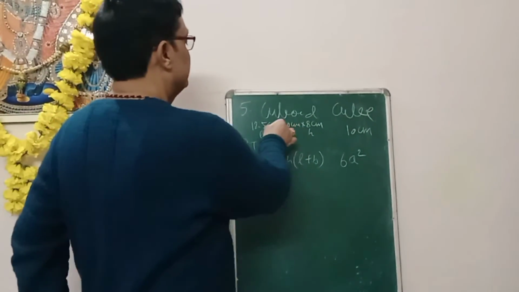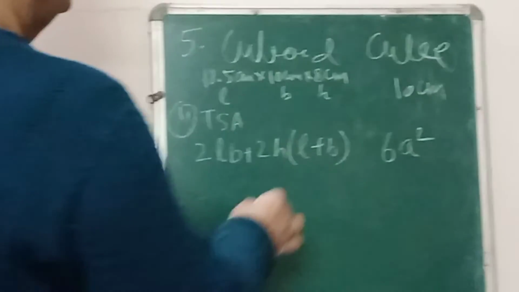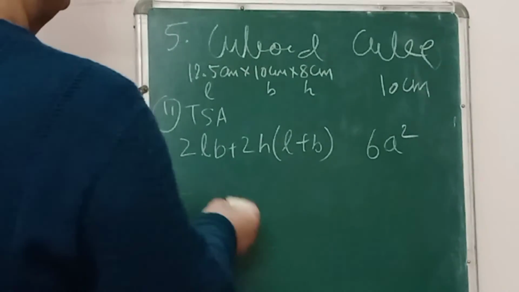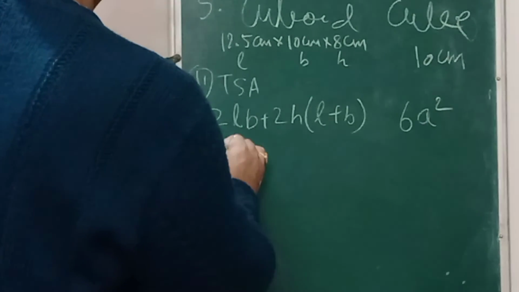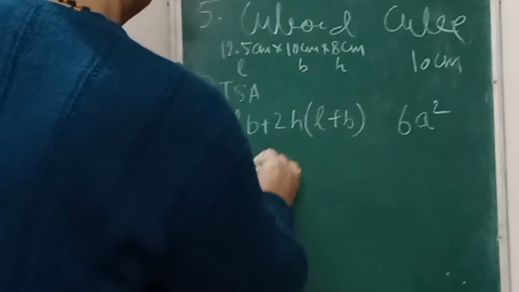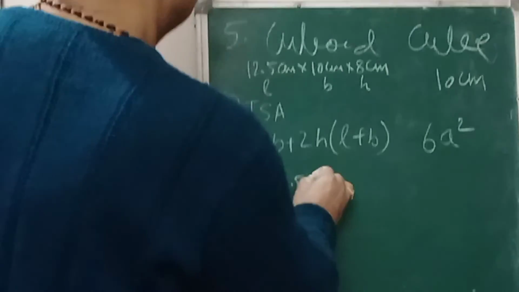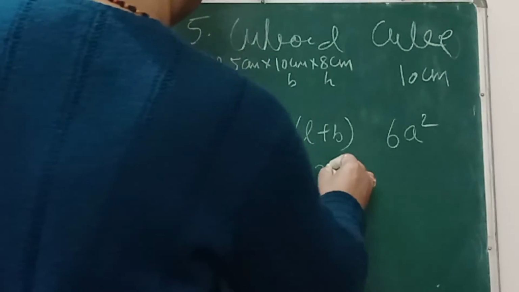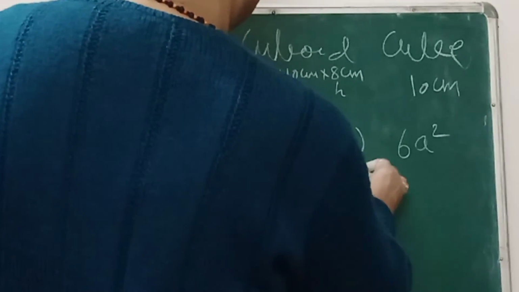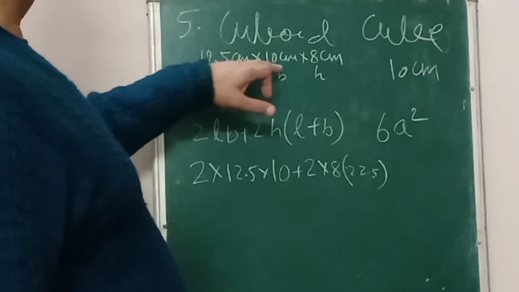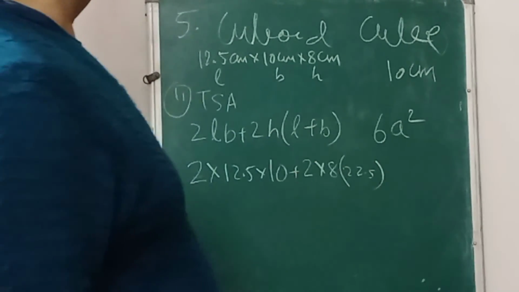Putting these values in, we get 2 into L, 12.5 into B, 10, plus 2 into 8 into (L plus B), 12.5 plus 10, 22.5.